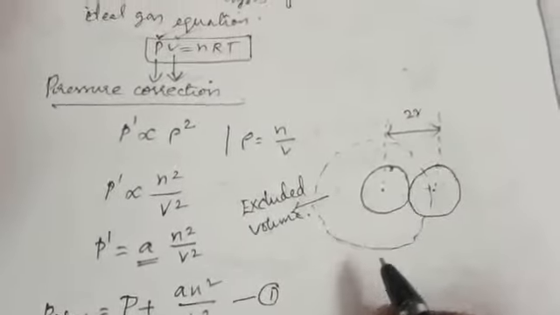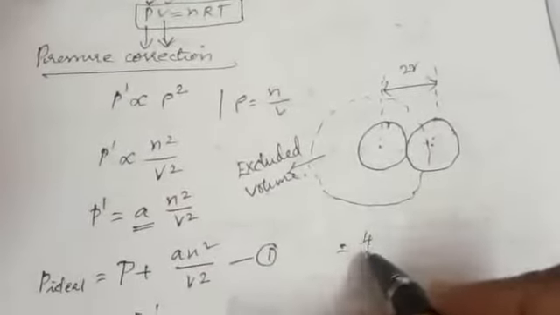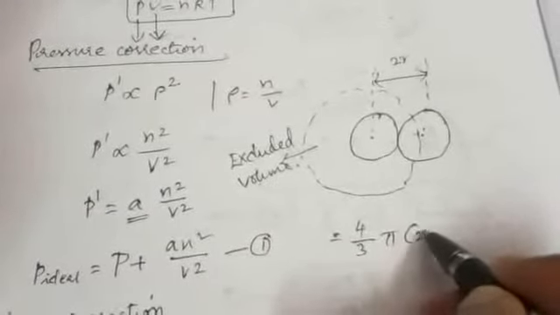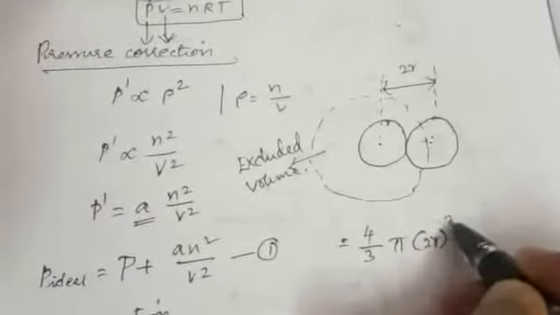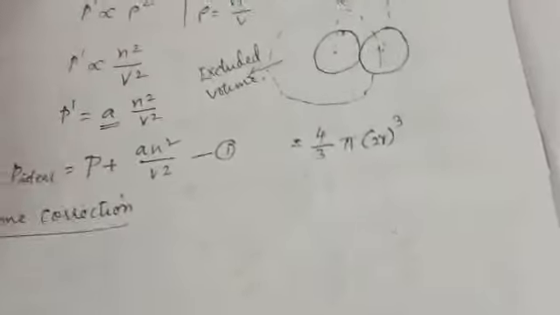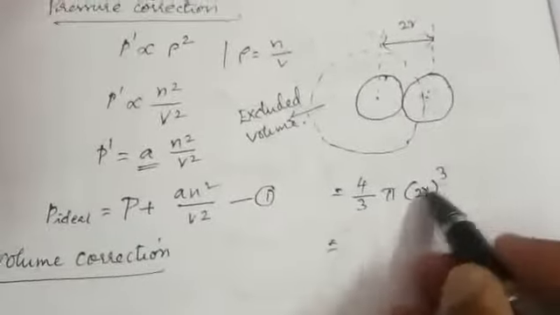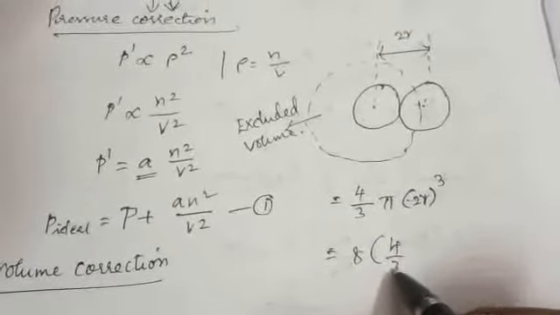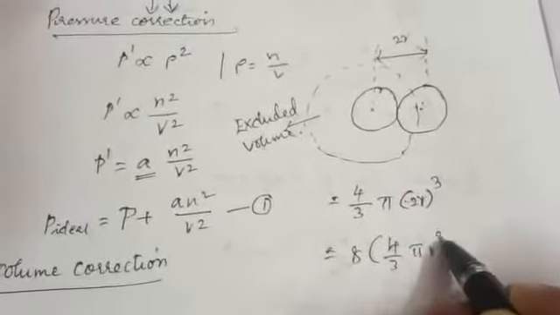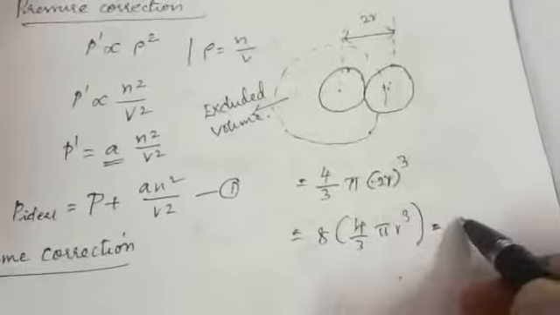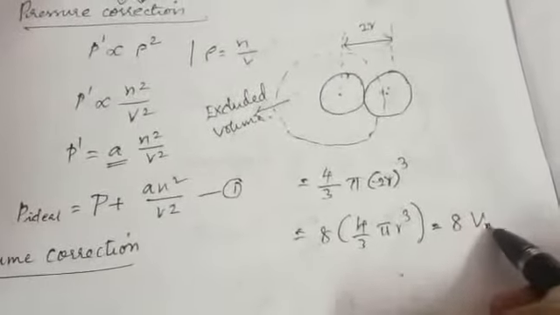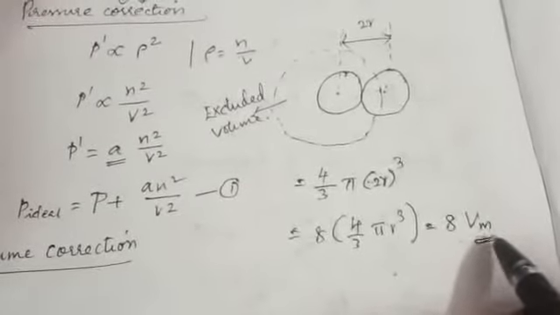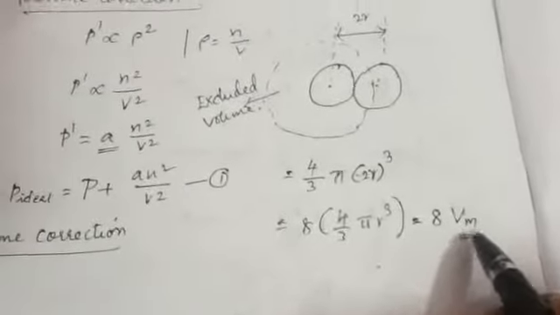For two molecules, the excluded volume is 4 by 3 pi (2r) cubed, which gives 8 times 4 by 3 pi r cubed, equal to 8 Vm, where Vm is the volume of a single molecule.